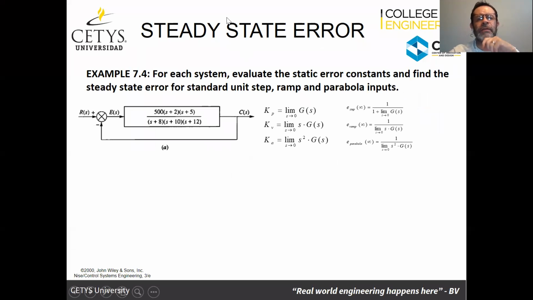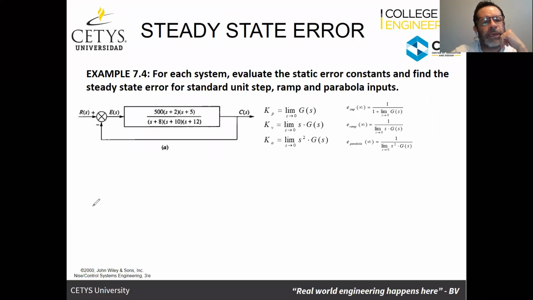And so the first thing that we need to identify is, can somebody tell me what is the type of this system? What type of system is it, according to what we had just discussed? Type 0, type 1, or type 2?